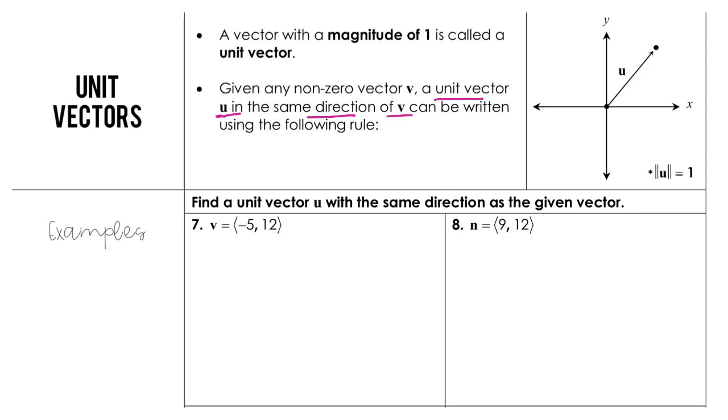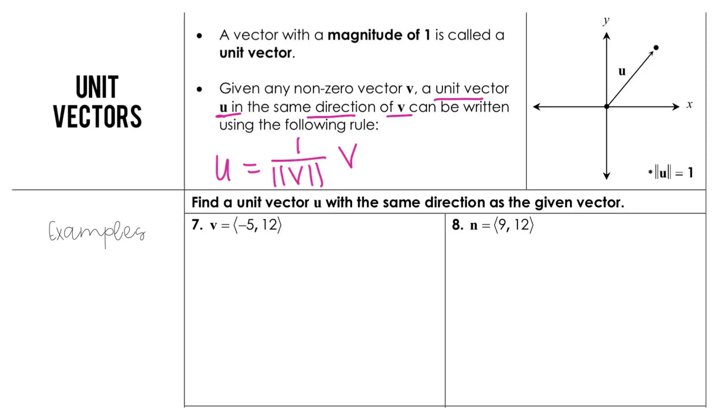Our notation, again, unit vector u is going to be equal to 1 over the magnitude of vector v times vector v itself. So we're going to follow that pattern, and we're going to come up with our unit vectors.